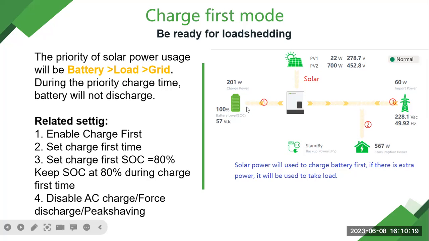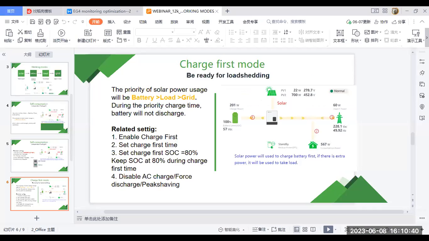It is also like in South Africa, because there are a lot of load sheddings. So once there is power from the solar, I may want to use it to charge the battery first. So in this situation, you can enable charge first, and of course you can see in the monitor system there is a setting group, and I will show you in a minute.